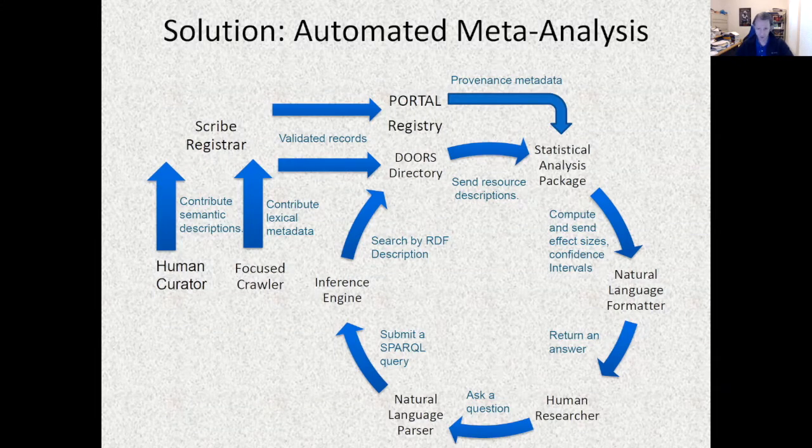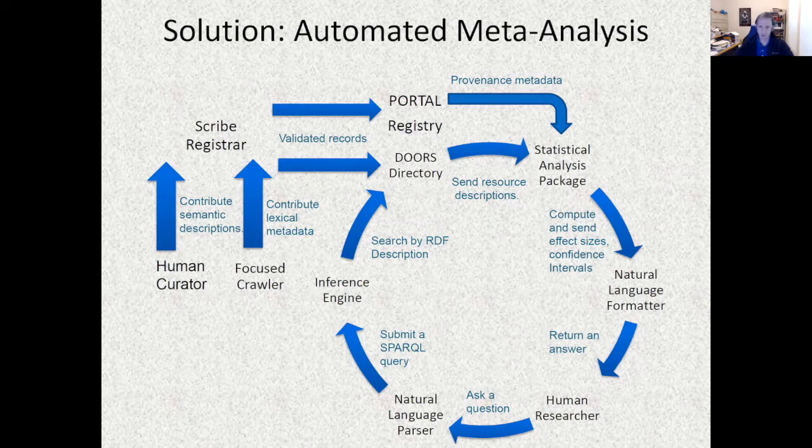That also could have been a nexus directory there. And we have scribe registers, which import and/or enter into our repositories the necessary records.